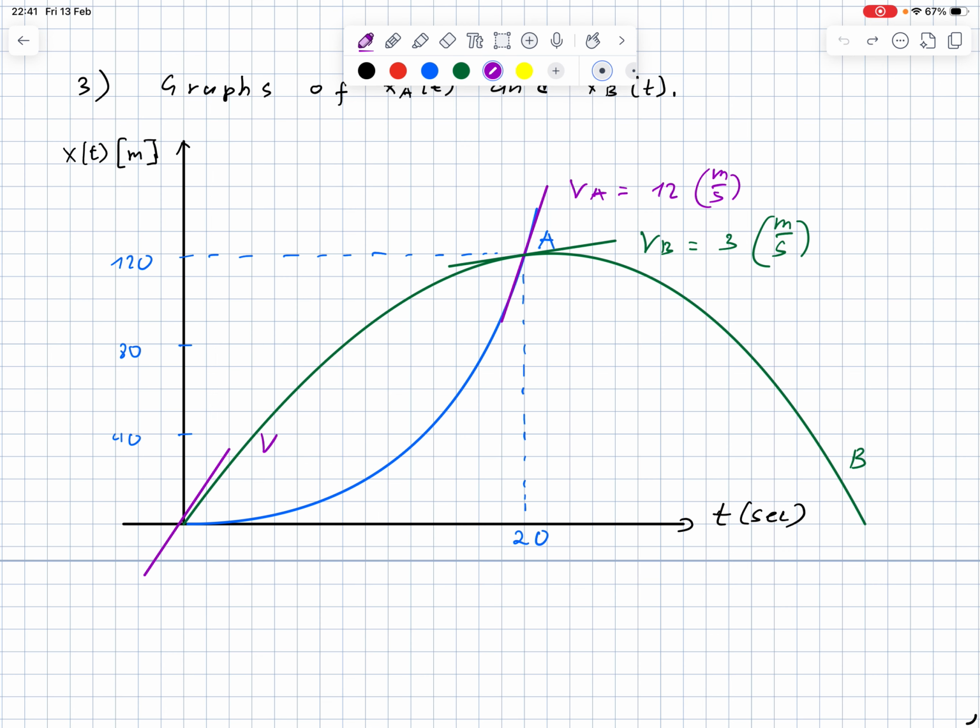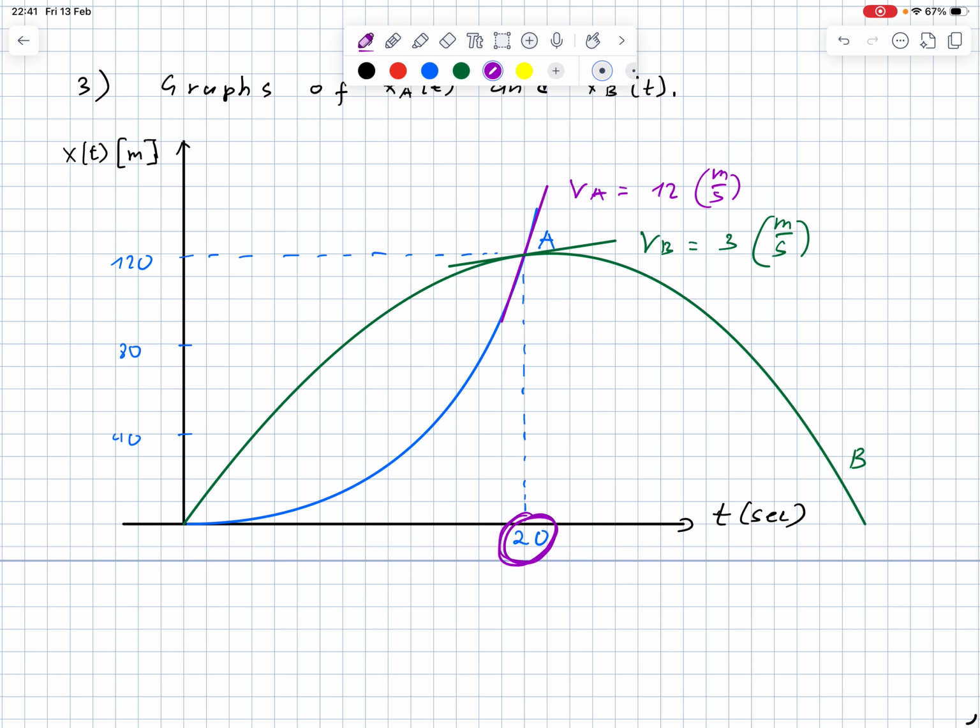But we found that when t equals 20 seconds, when objects A and B pass each other and the position is 120 meters, the velocity of object B is 3 meters per second, which means the slope is less than the slope of object A. Again, the slope is the tangent of this parabola at t equals 20 seconds, or its instantaneous velocity at the same time.